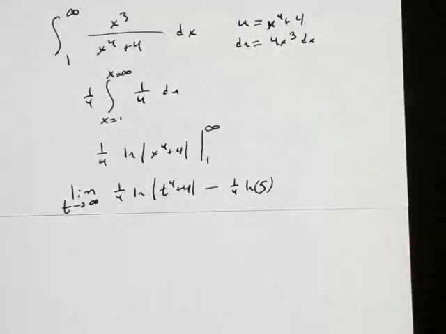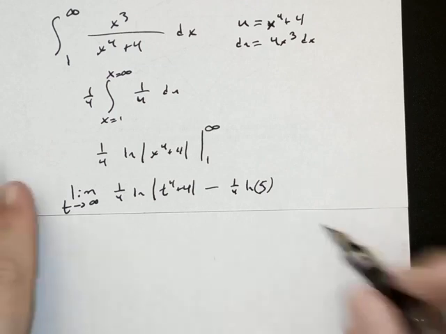All right. I need to know if this integral converges or diverges. That's a logarithm. As t gets bigger, ln does what? With the graph of ln, that's going up. This goes to infinity, so this diverges.